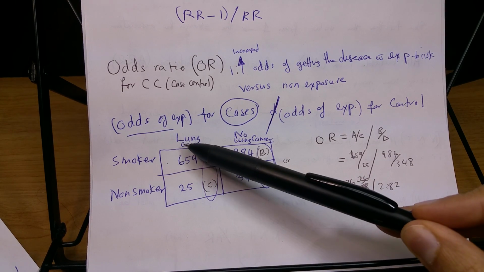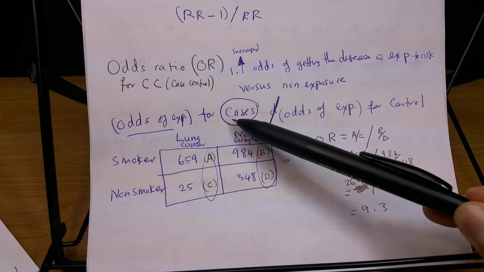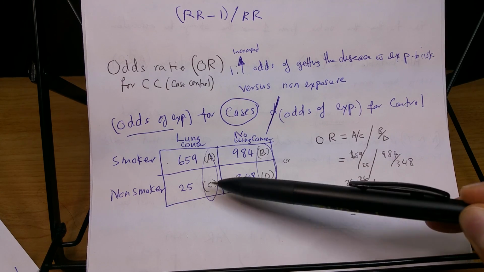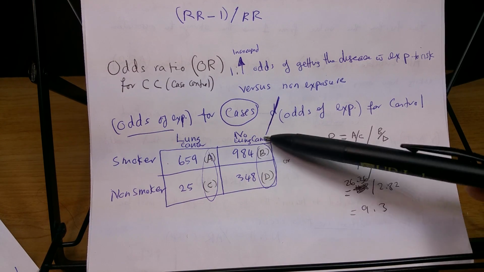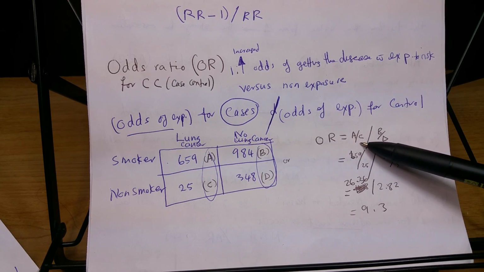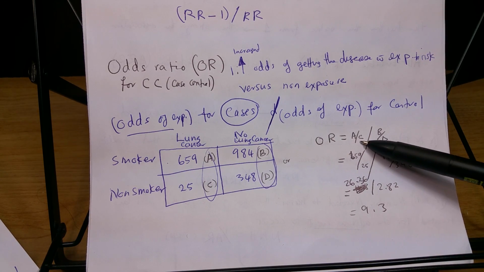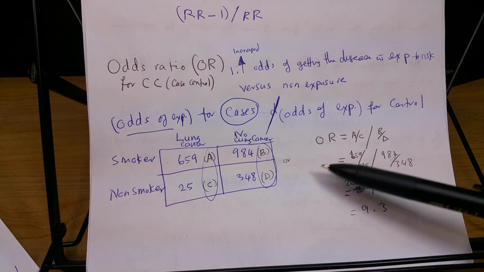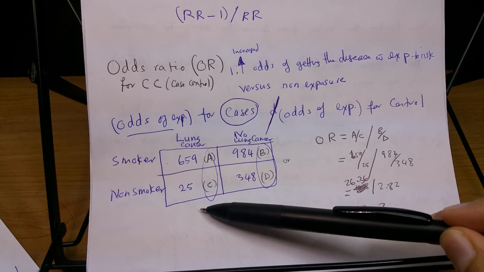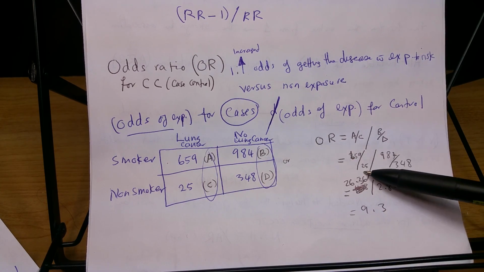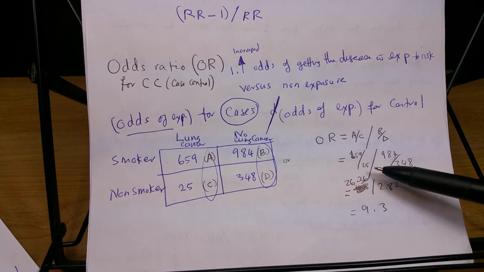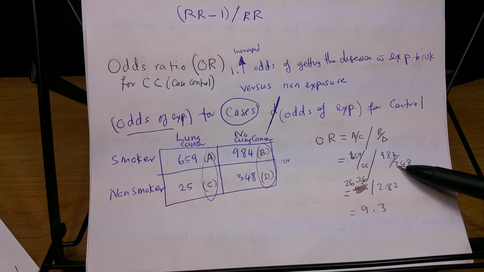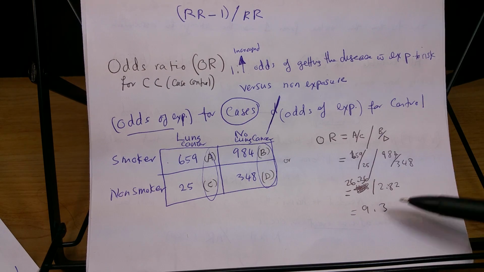So if you remember that it's the odds of exposure for cases divided by controls, you'll get it every time. So in this case, A divided by C divided by B divided by D, you'll have the answer.